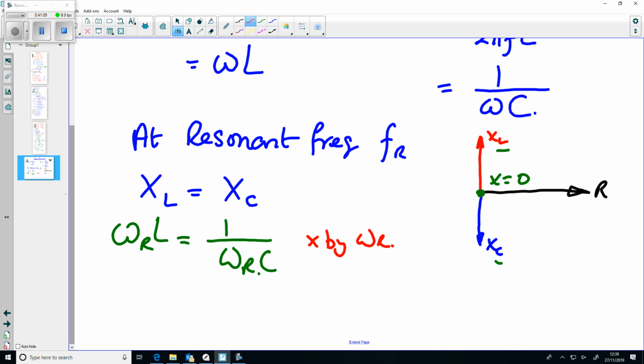If I multiply both sides by omega R, what happens over this side? That and that cancels. So we're left with, what is omega R times omega R? So we can write omega R squared times L is equal to 1 over C.